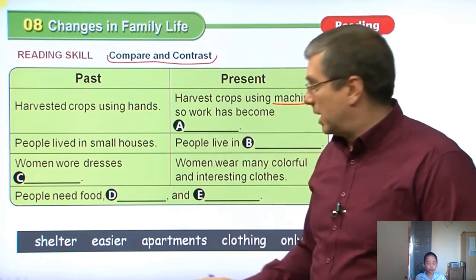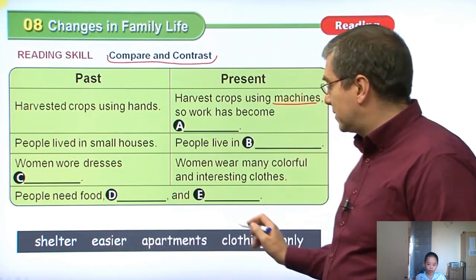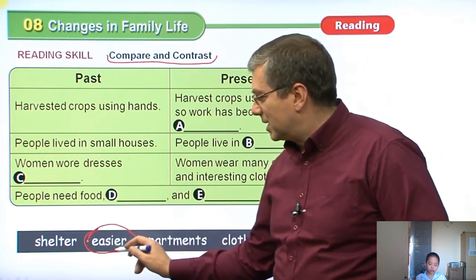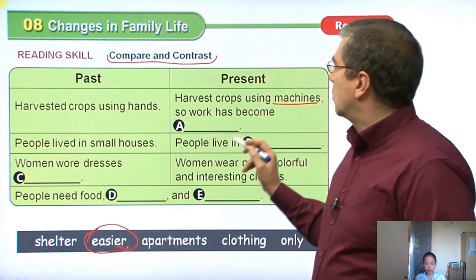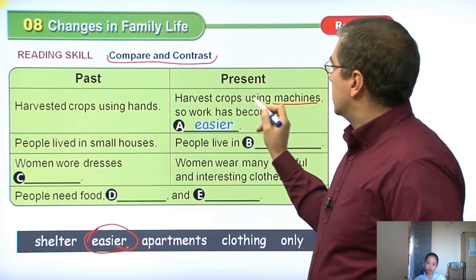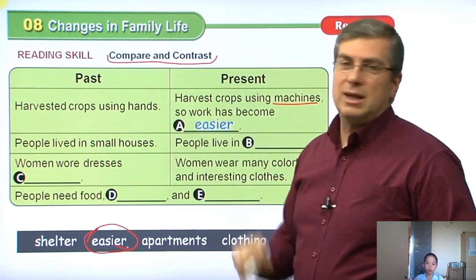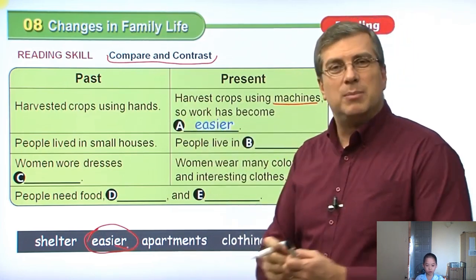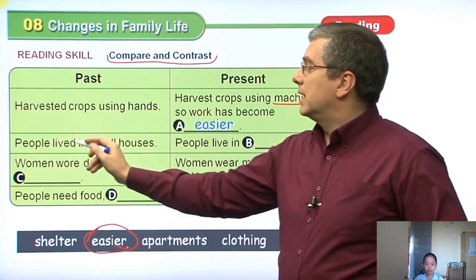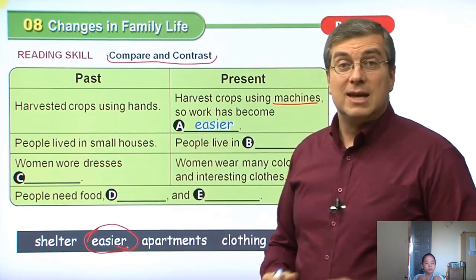If we use a machine, we don't need to use our hands. So the correct answer will be easier. Does shelter, apartment, clothing, or only fit? It doesn't fit. So zero is our last answer.